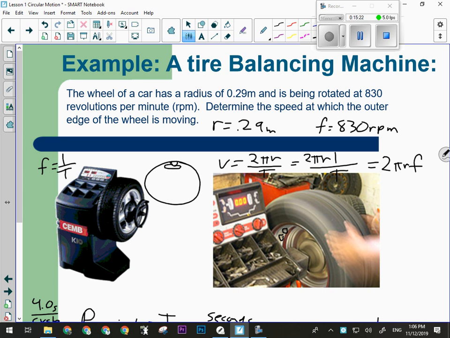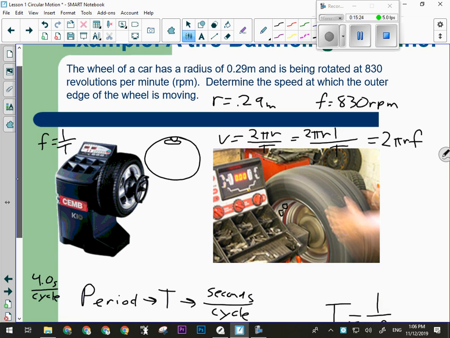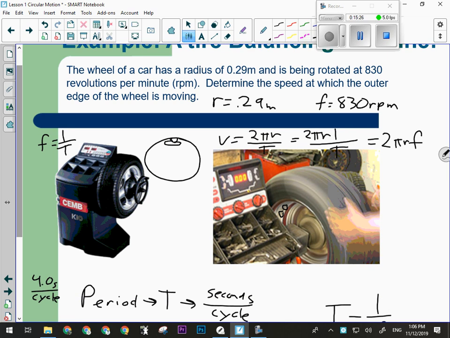Follow my reasoning here? I'm going to go back down here because I see some people not understanding it. So f is equal to 1 divided by T. And right now, I'm dividing this formula by T. So that's the same as saying 2 times pi times r times 1 divided by T, because multiplying by 1 won't change the top any. 1 over T equals f.